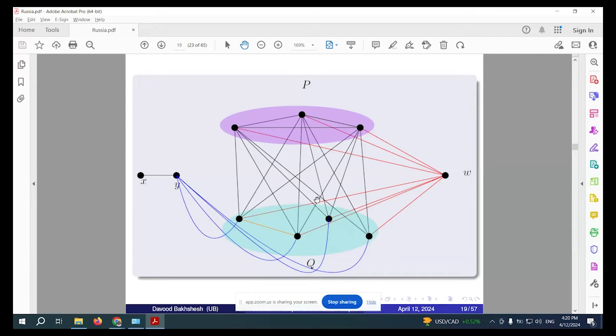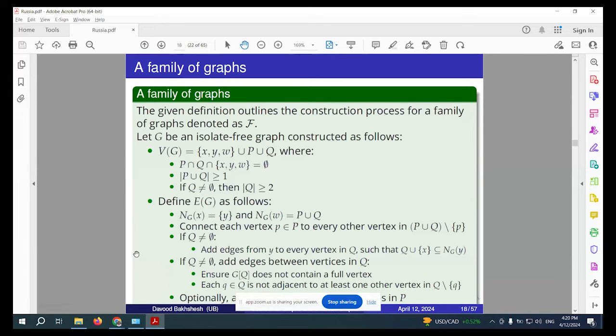Then we connect each vertex of P to all vertices inside P and Q. For the vertex set Q, if Q is not equal to empty, we add edges between vertices in Q. We ensure that G[Q], the graph on Q, does not contain a full vertex. A full vertex is a dominating vertex.